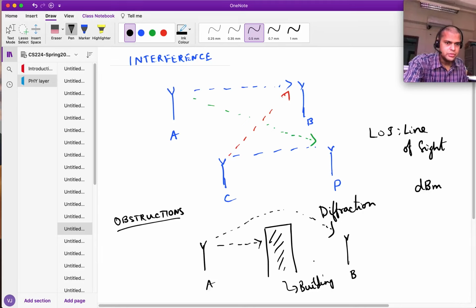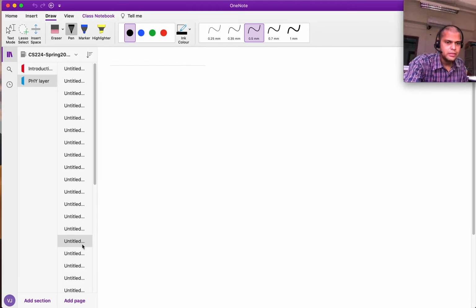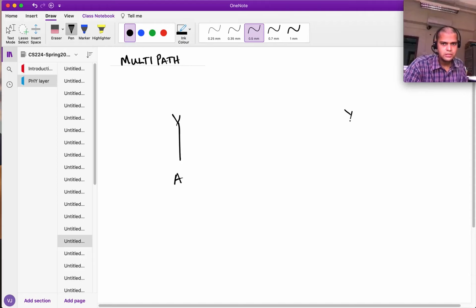So there are other issues also, something called multipath. I have an antenna here, A's antenna is like this, B's antenna is here. And this is the direct signal coming from A to B. But it's possible that there are also reflections.